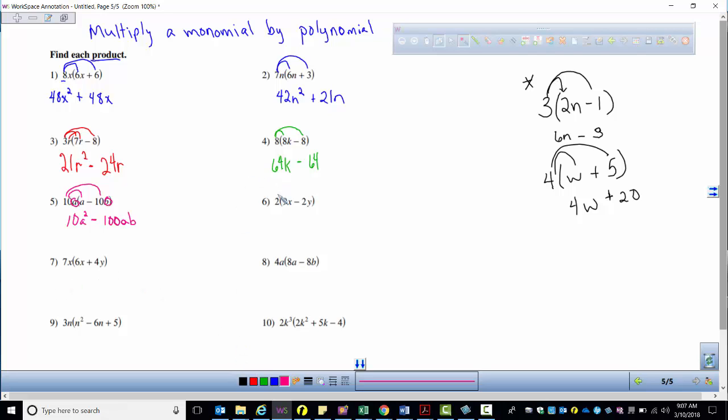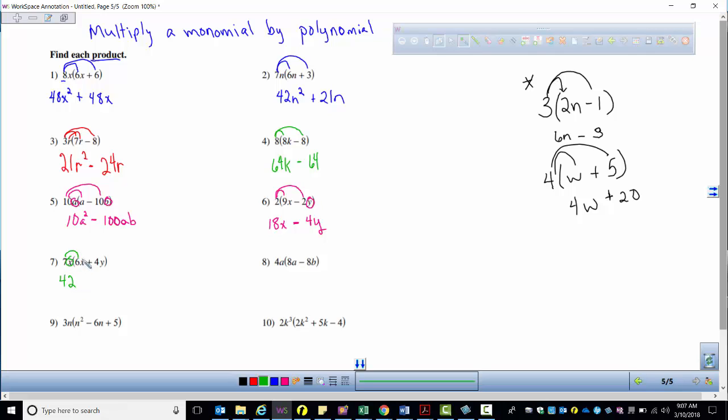Our next one, we have 2 times 9, which is 18, 1x, so we put our x, minus 2 times 2 is 4. We have one y value, so we'll put y. Our next one, we have 7 times 6, which is 42.